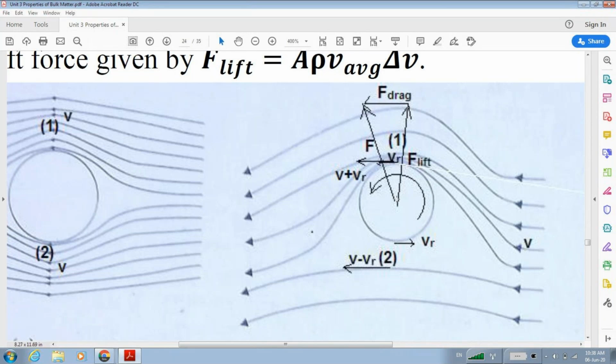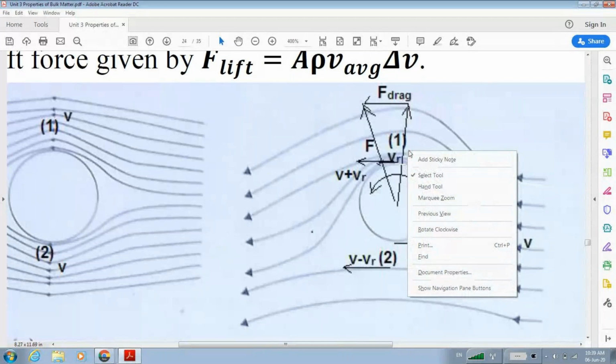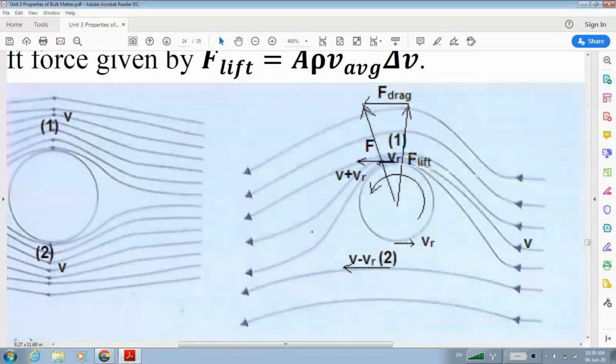If we consider the perpendicular component and parallel component of the force, the vertical component of the force acting on the object we call the dynamic lift, or lifting force, and the horizontal component of the force we call the drag force.